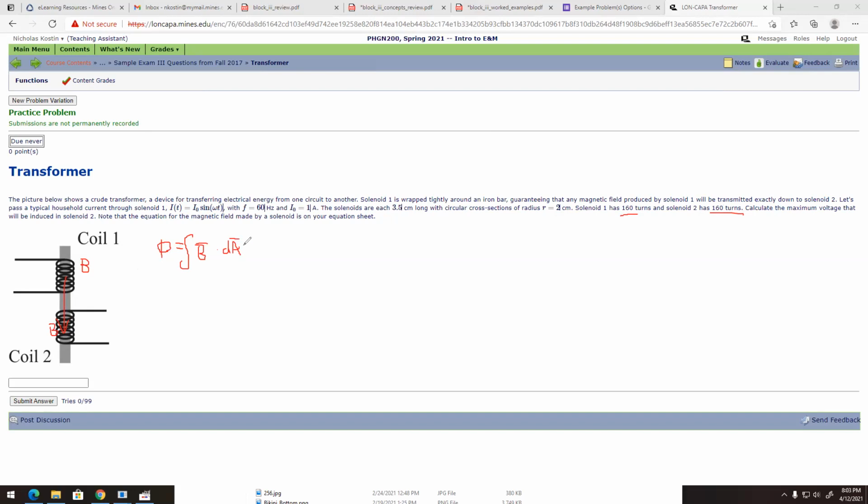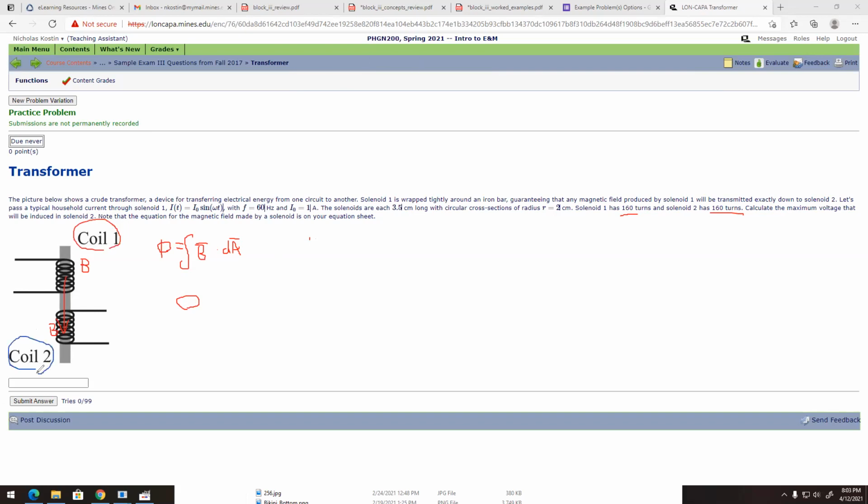And this tells us that if the area is the same, and they are because they're wrapped around the same iron core, and they have the same number of turns and all that, these 2 coils are going to have the same flux, which means it changes with time the same exact way. So let's make coil 1 the red coil, and coil 2 the blue coil.